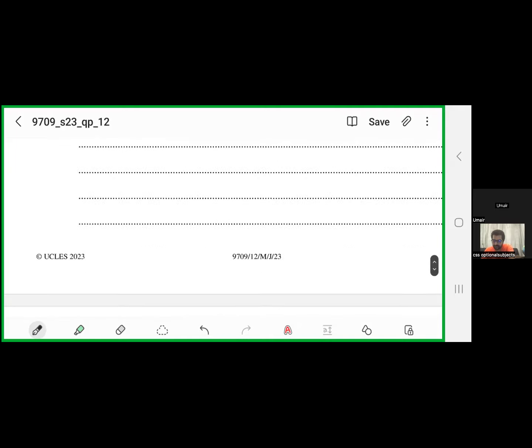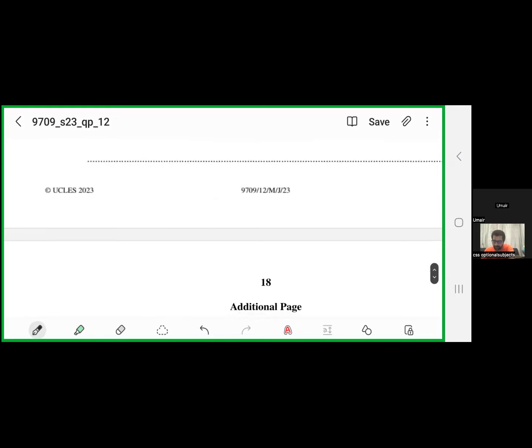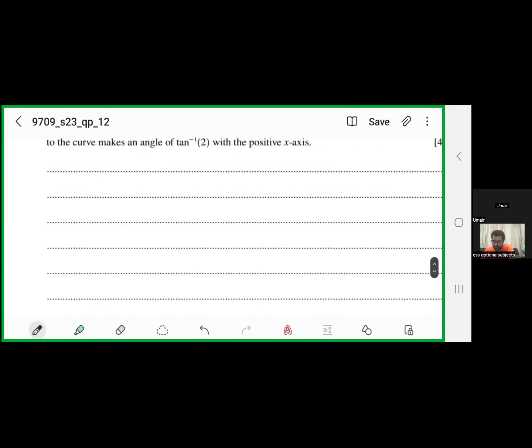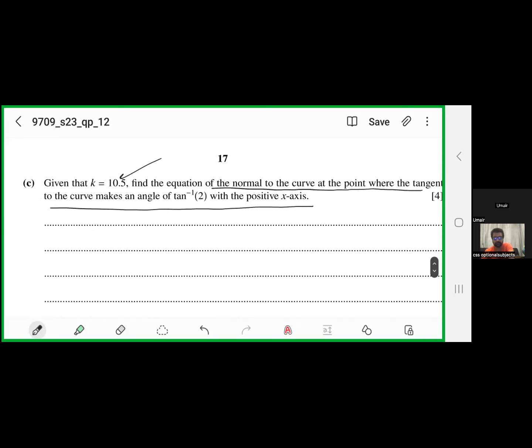And the last one is, given that k is 10.5, find the equation of normal to the curve at the point where tangent to the curve makes an angle of tan inverse 2. Okay, this is the last part for this paper as well.